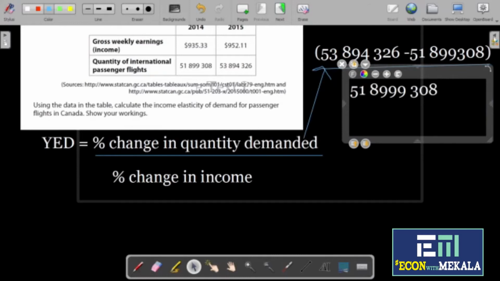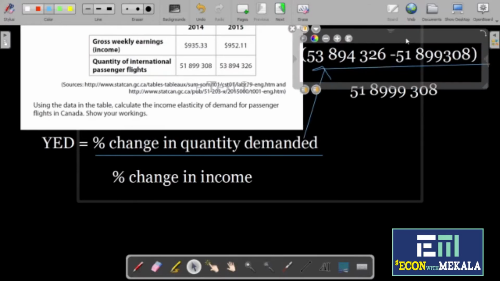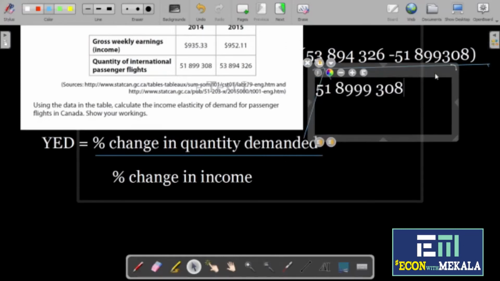And do not forget to convert this into a percentage, so you need to multiply this by 100.